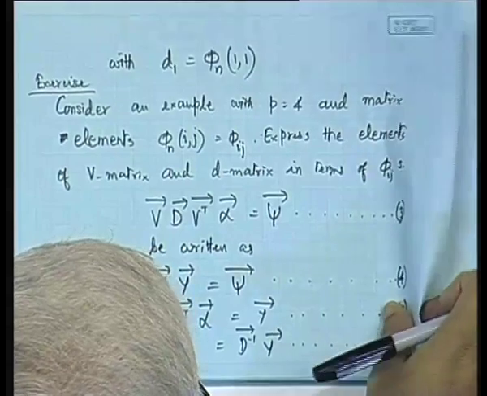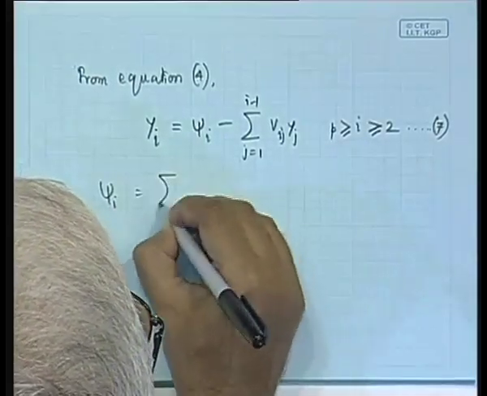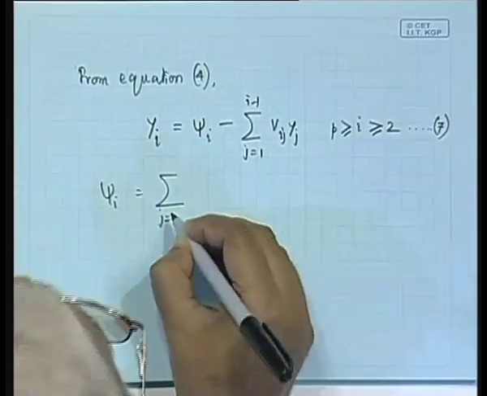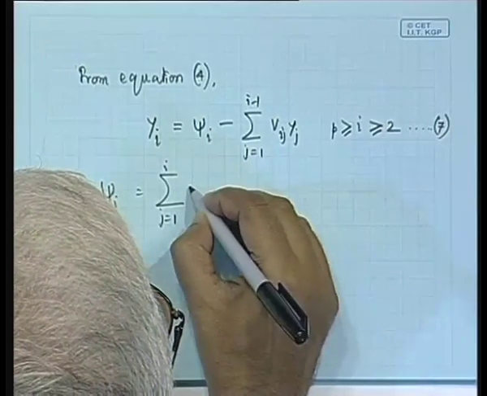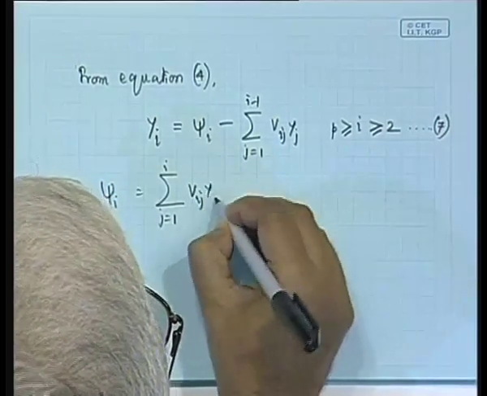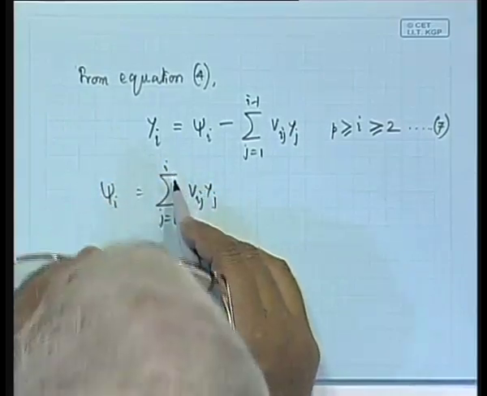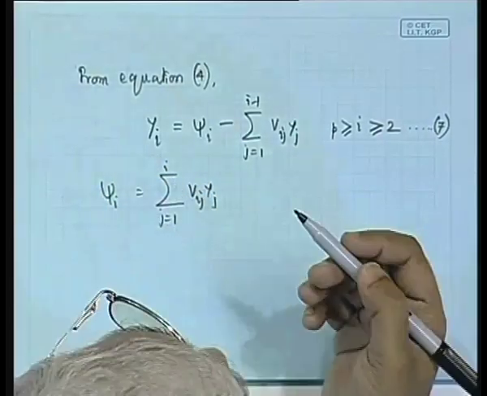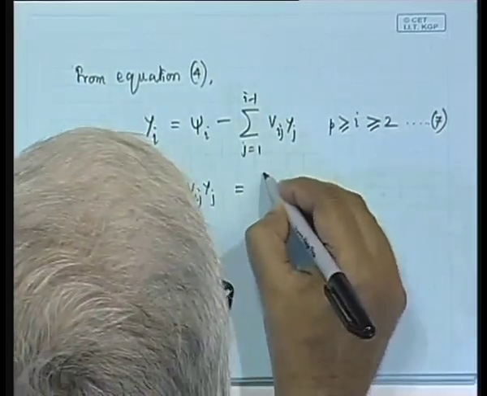Essentially, what you can write directly from equation 4 is the ith term: psi i could have been written as the summation j is equal to 1 to i of Vij Yj. Like in the previous way, we are just going to split this summation into two terms.